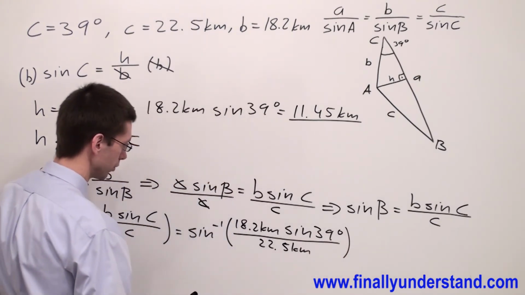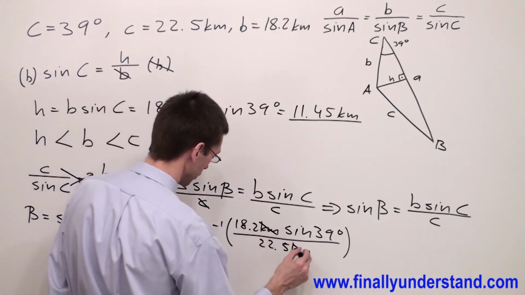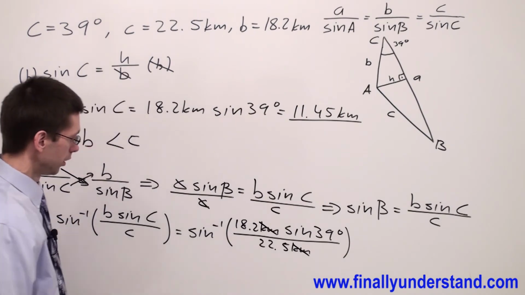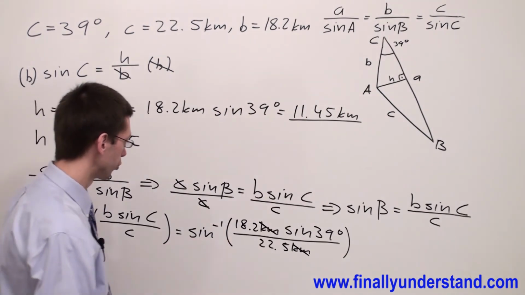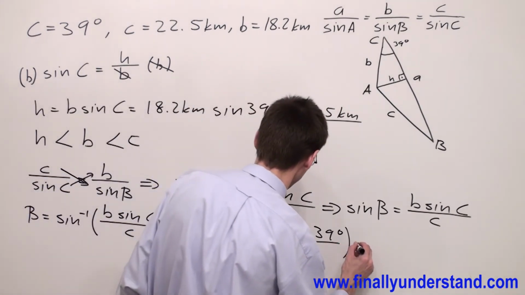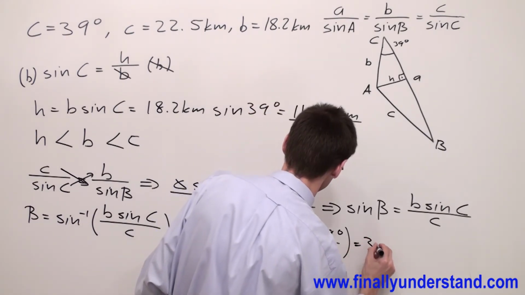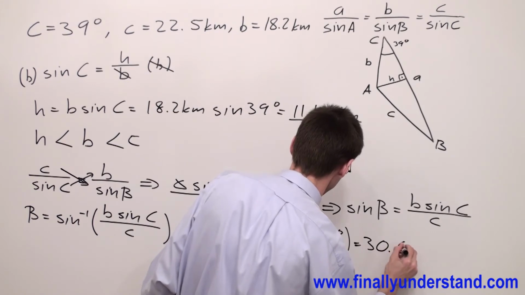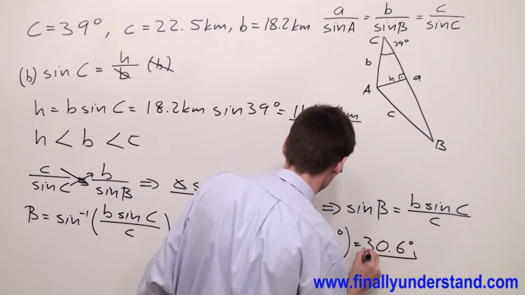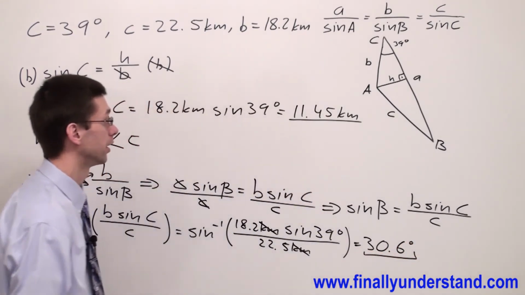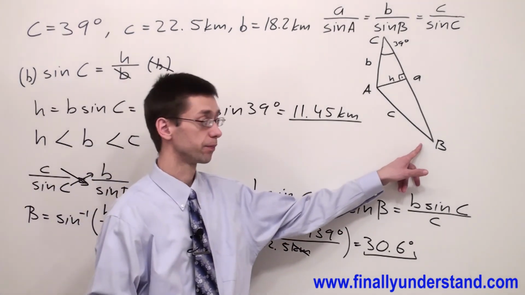Kilometer and kilometer will cancel out. Use the calculator, and you're supposed to obtain the value 30.6 degrees. This is my angle B.